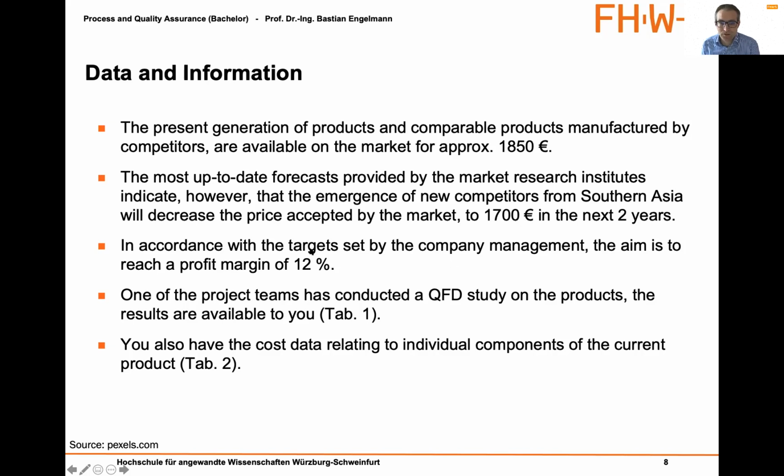Then the profit margin, or the target from our company management, is 12%. Then we have two tables. We have information from quality function deployment about the importance of functions of our lawnmower. And then we have cost information from our development teams. So let's have a look.